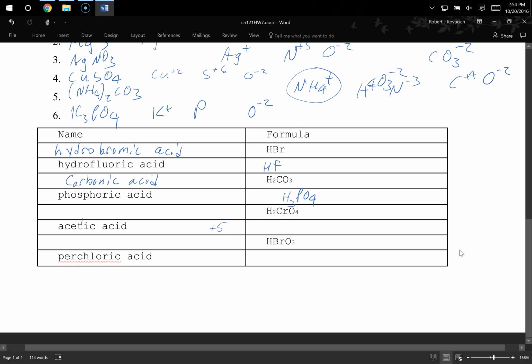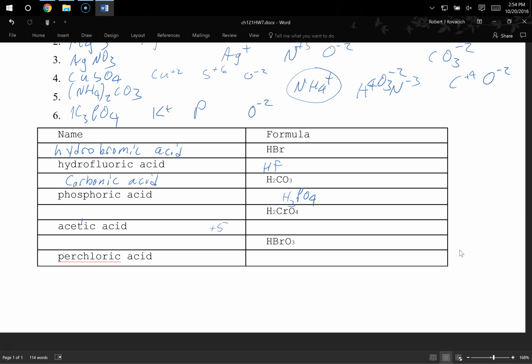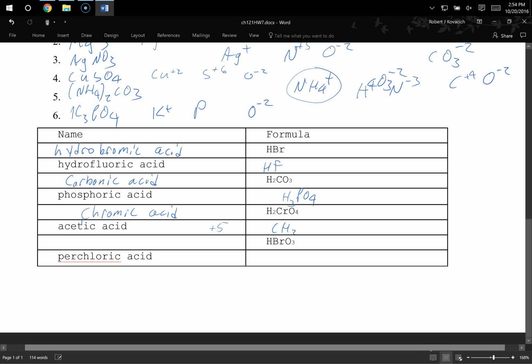The next one is an acid because of the H, and then CrO4 is which polyatomic ion? Chromate, and it's got a -2 charge, which is why there are 2 H's. So then this is chromic acid.